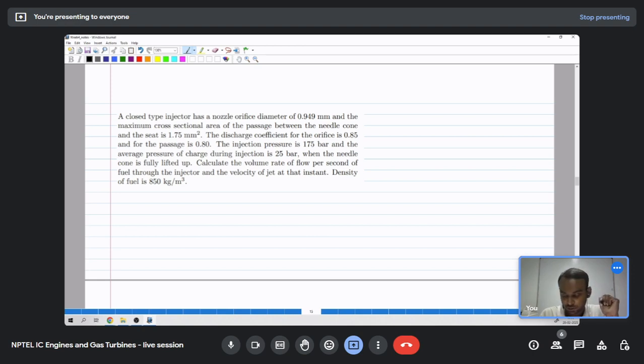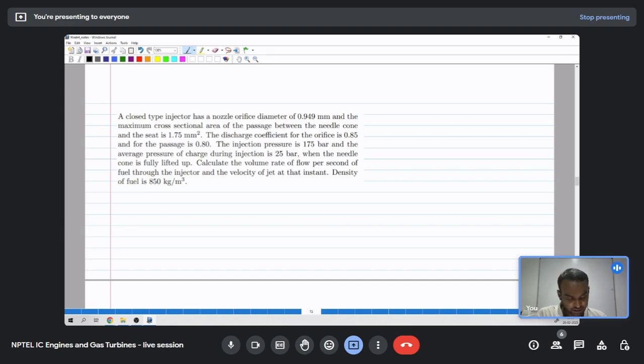Now we have a closed type injector with a nozzle orifice of diameter 0.949 mm, and the maximum cross sectional area of the passage between the needle cone and the seat is 1.75 mm square. The discharge coefficient of the orifice is 0.85, and for the passage is 0.8.